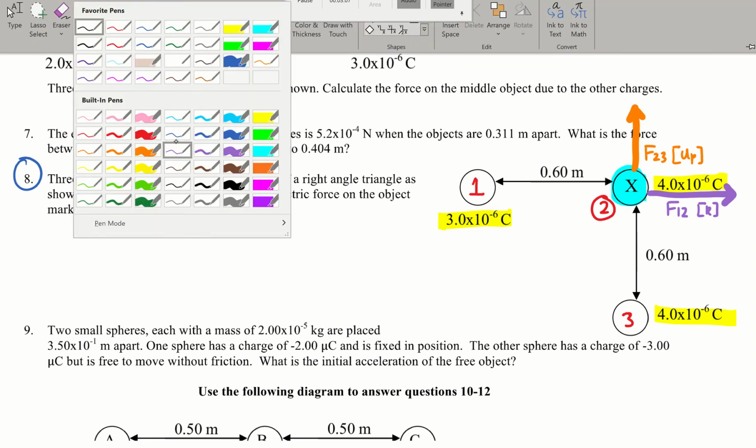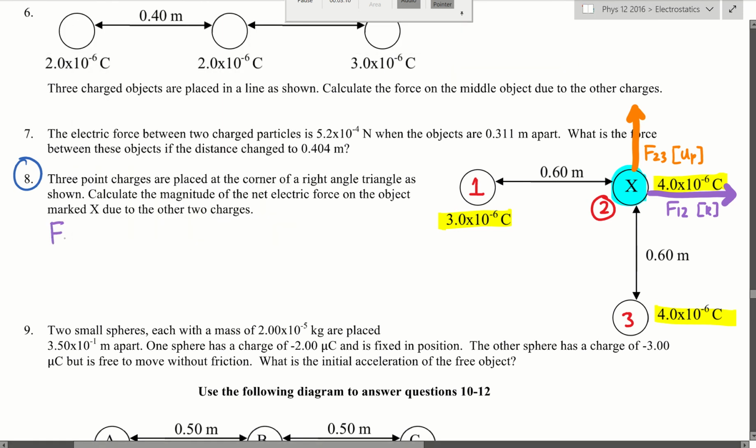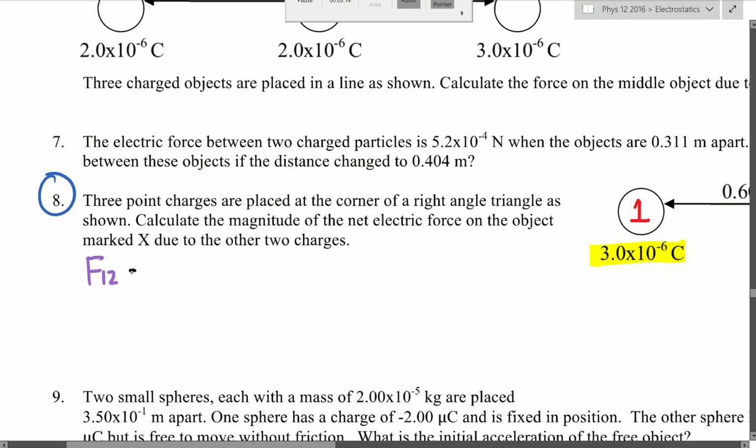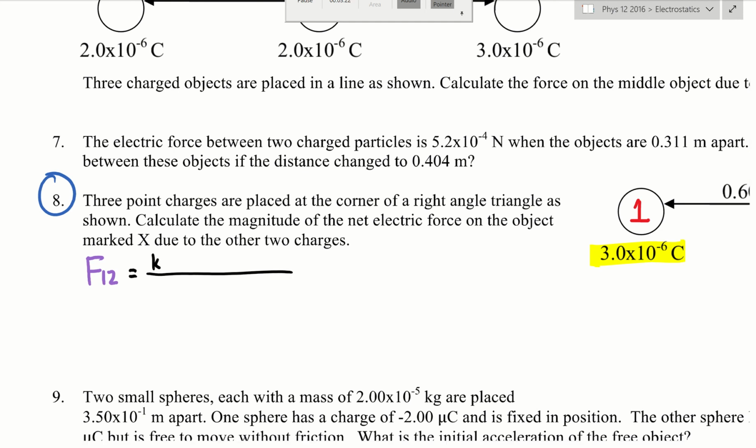Let's say the purple one, which is force 1, 2, is equal to, now I'm going to stop writing K. K is 9 times 10 to the 9. You should just know that.